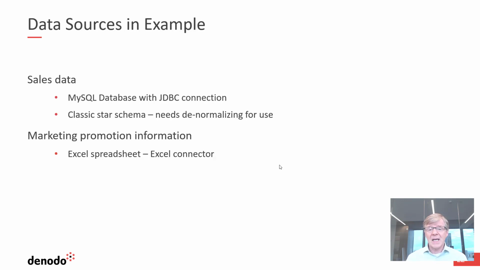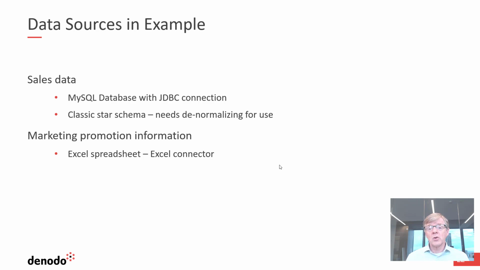And if we go and look at that, we have our sales data is actually in a database. It's a MySQL database. It's a classic star schema. We have a sales fact table and we have a number of dimensions. So we will go and connect to the sales database. We'll build base views for the tables, the fact table and the dimension tables.